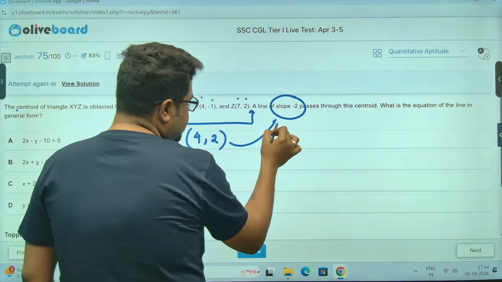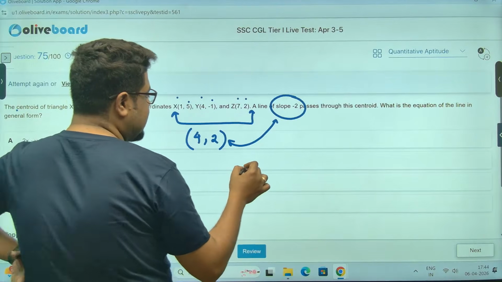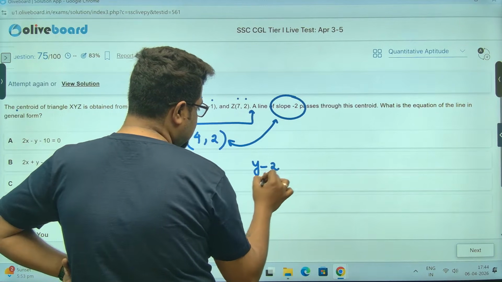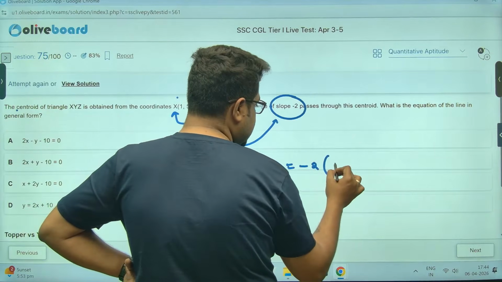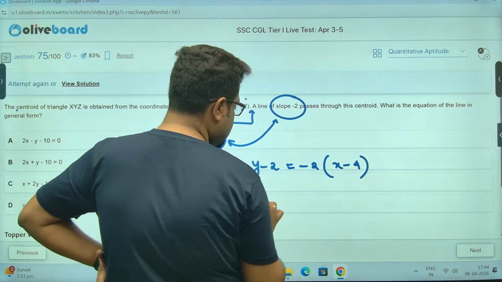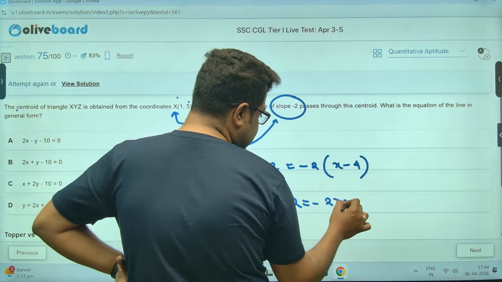So you have the point, you have the slope. Either you can check the points or just put the values and make the equation. y minus 2 is equal to m into x minus x1, x minus 4. So this will be y minus 2 is equal to minus 2x plus 8.